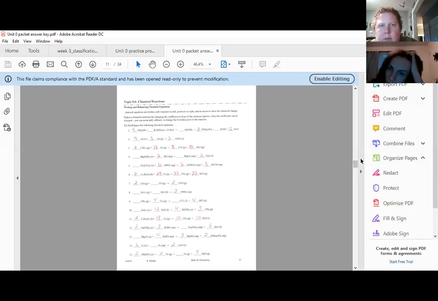I don't understand how, like, the sulfate, how there's only one sulfate on one side and then there are two on the product side. Let's see what's going on.